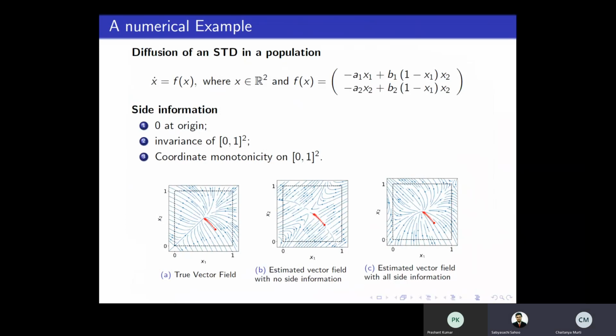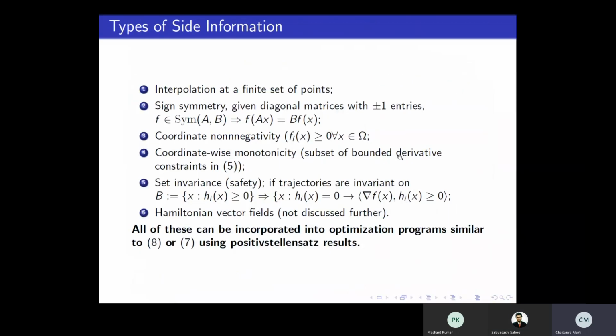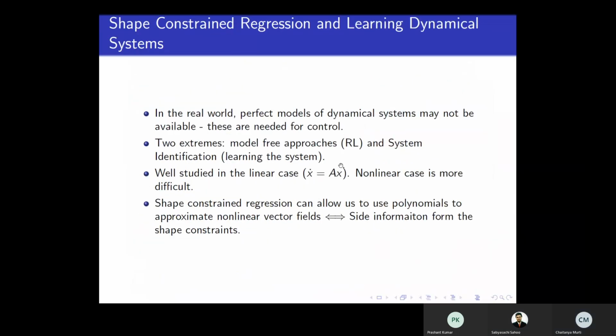So have people started to use this in the context of control systems, or is it absolutely fresh? Like I said earlier, the system identification idea for linear systems is very old. This is nothing new.